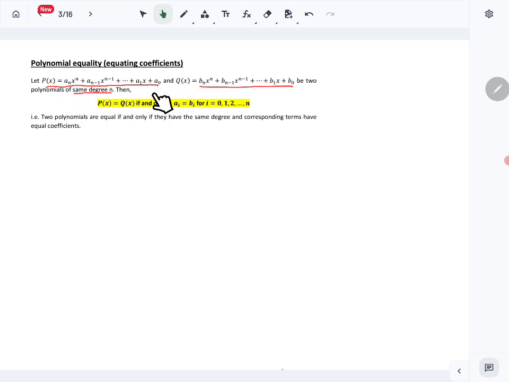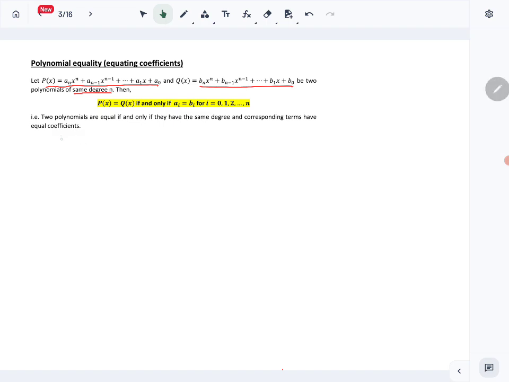So similarly a_(n-1) should match b_(n-1), a_1 should match b_1, a_0 should match b_0. So corresponding coefficients should match. Every corresponding coefficient should match. That is the condition for polynomial equality.